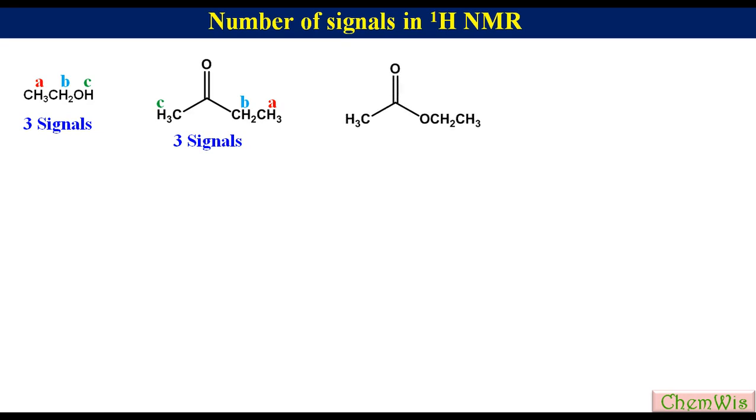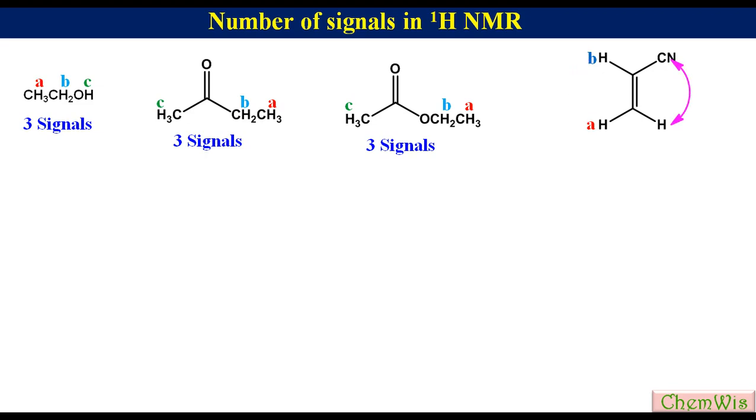Similarly, ethyl acetate has three different sets of protons A, B and C. So it will also have three signals in the proton NMR. Acrylonitrile. In this, these two protons are clearly different, so label them as A and B. If we compare the third proton with A, we will see that proton A is closer in space to proton B, while the third proton is closer to the nitrile group.